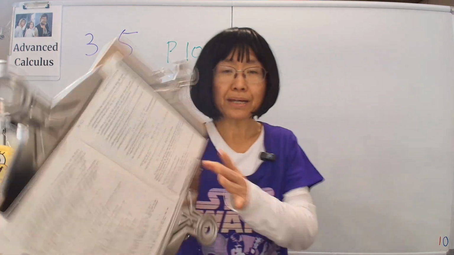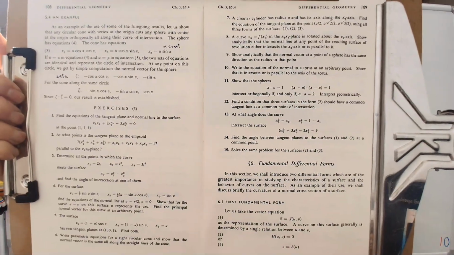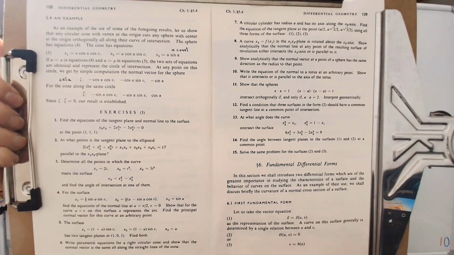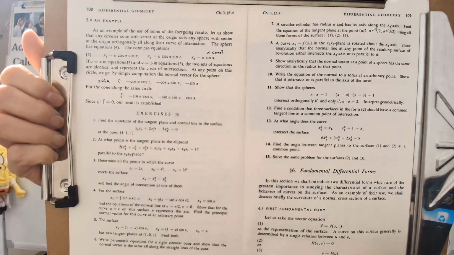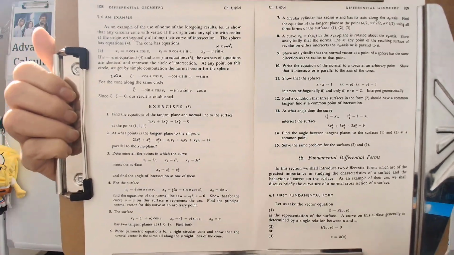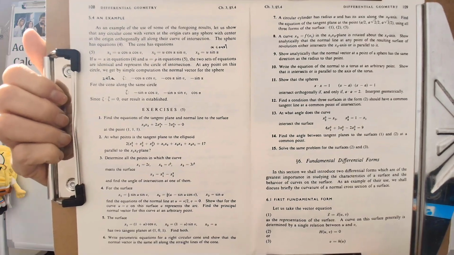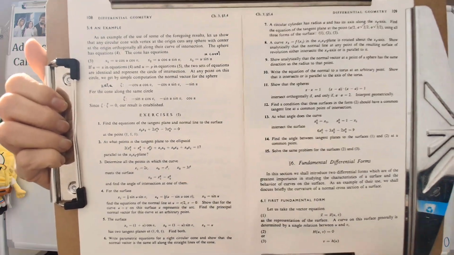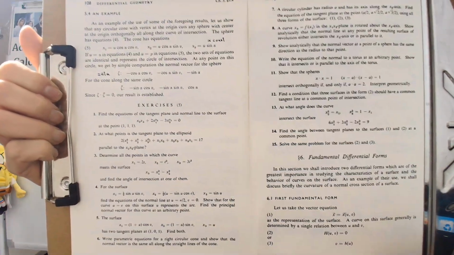And finally, page 108 and 109. Let's see. This side seems to be fuzzier. Maybe I move over a little bit. It seems wobbly. Let's see.